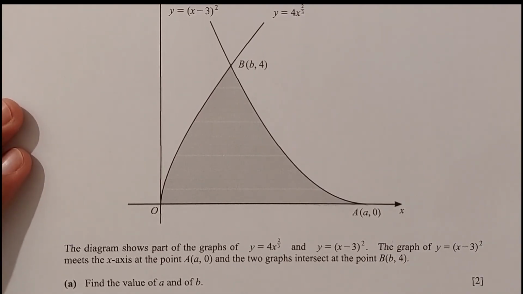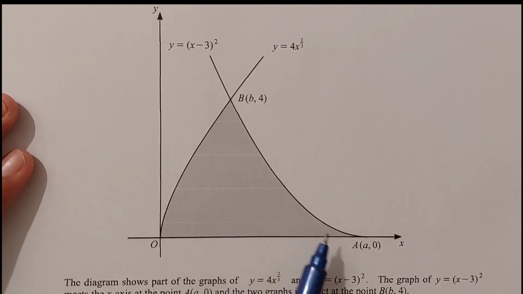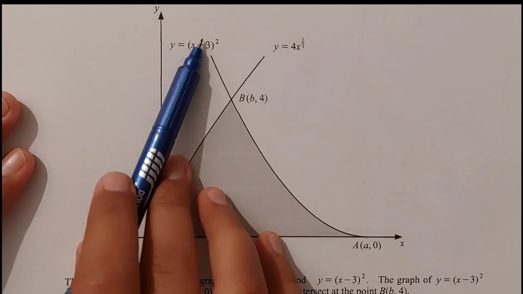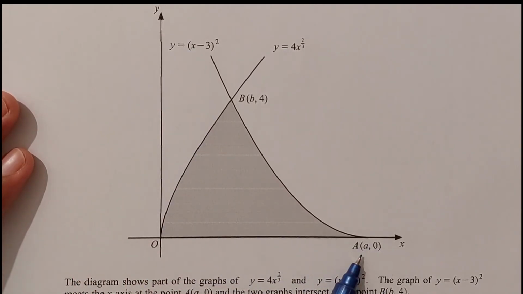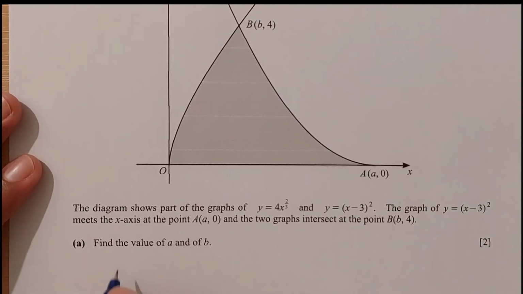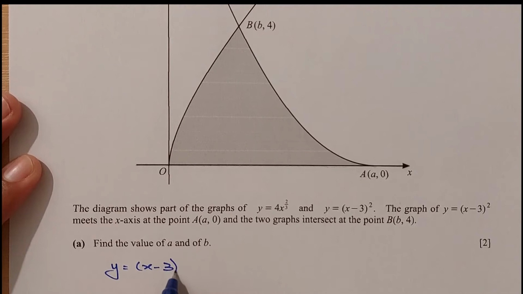So that's pretty easy. As you can see, this curve intersects the x-axis at point A. So for the x-axis, the y component equals 0. This curve is y equals (x minus 3) squared, right?